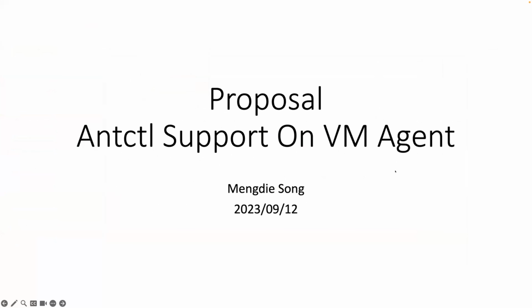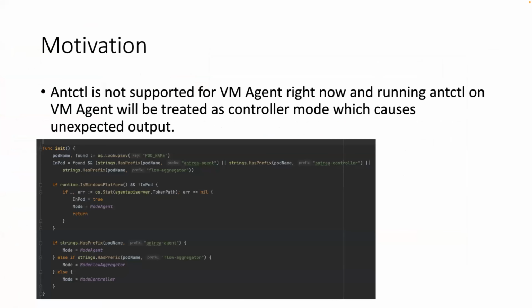Okay, I'd like to share the proposal for Antctl support on VM agent. The current status is that Antctl is not supported for VM agent. If we run Antctl on a VM agent, it will be treated as Antctl controller mode, and it can cause some unexpected output.